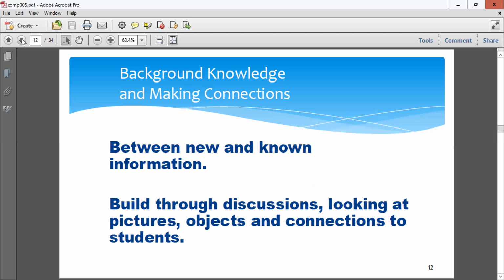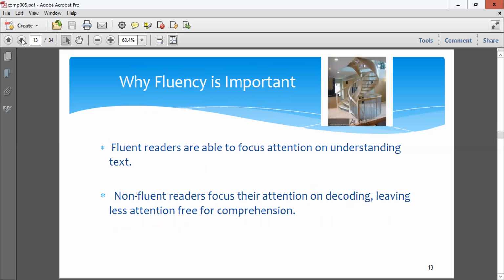So build through discussions, looking at pictures, objects, and connections with the students to make sure that you are making connections to their background knowledge, that although they may not have an experience that you're getting ready to delve into, they have some kind of experience that you can connect that to. One example might be if they have not been to a zoo, but they have lived on a farm, then they know something about animals and you can make a connection there. That's a very simplistic example, but it gives you the idea.